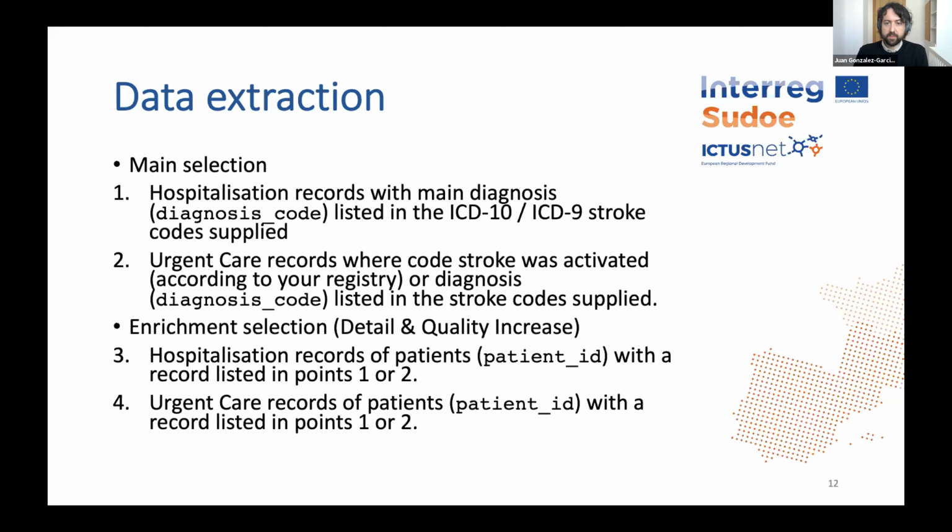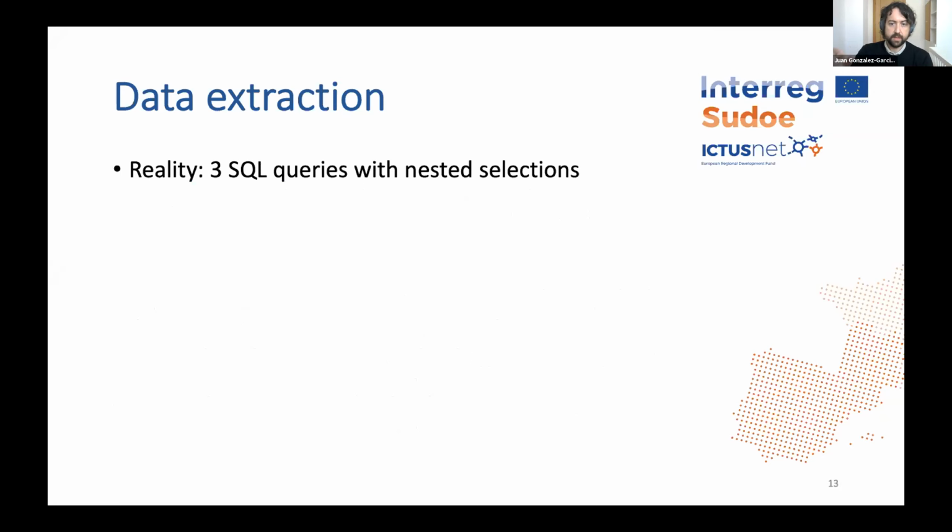I won't go into the details, but basically you have to go through the information systems, in that case the urgent care and hospitalizations, check the diagnosis which have been provided by neurologists, and then cross the patients so as to properly detect the events in these information systems, then cross the detected patients with the patient's database. So it has some complexity, and in fact it results in three SQL queries, because all of this information was stored in a SQL database.